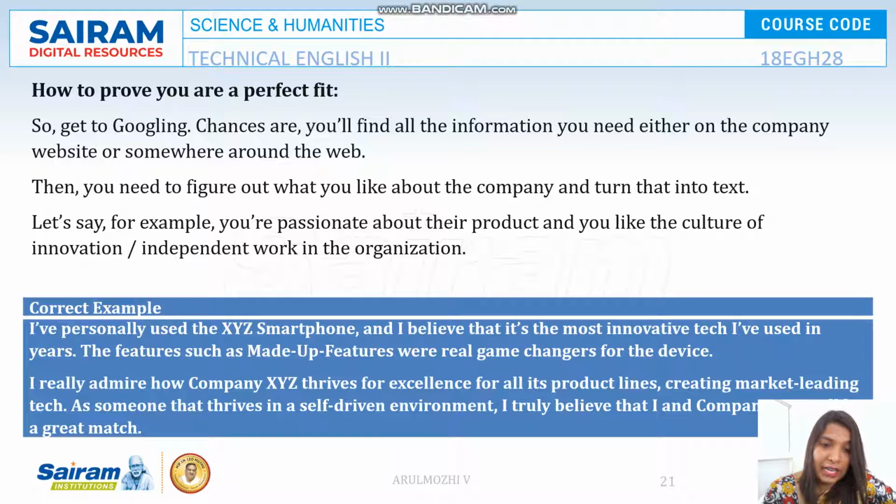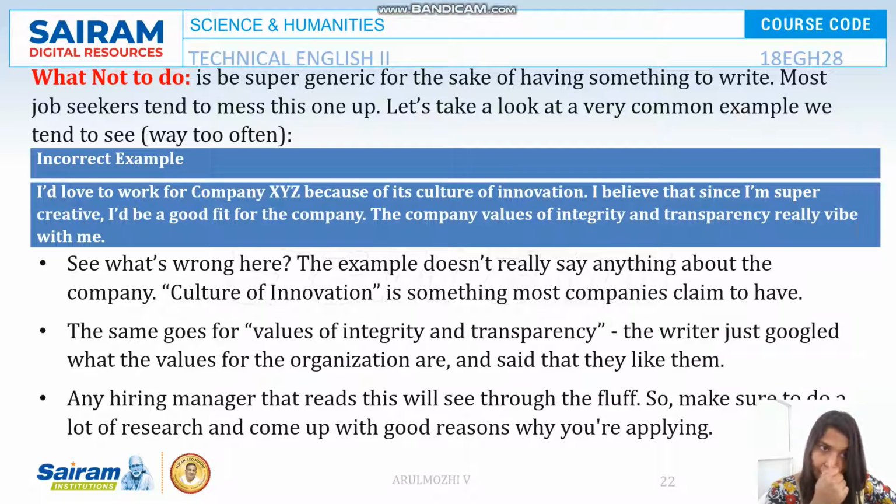As someone that thrives in a self driven environment, I believe that I and the company can have a great match. Okay, so what you should not do. Take for example, I would love to work for the company because it has a culture of innovation. I believe that since I am super creative, I am good for this company.